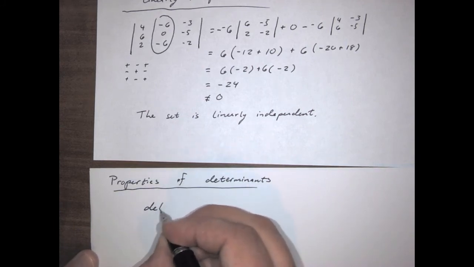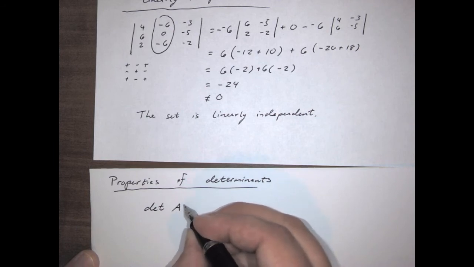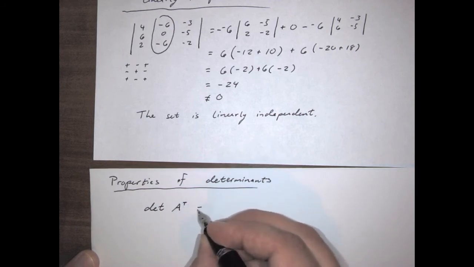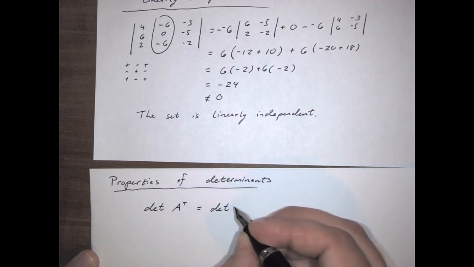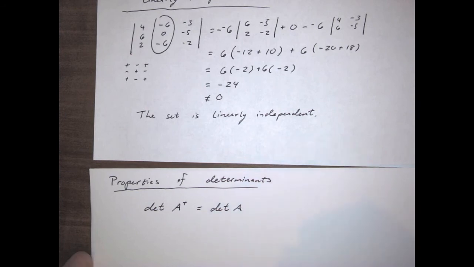The determinant of A transpose is equal to the determinant of the original matrix. So if you're ever talking about a matrix which itself is maybe not triangular in any important way, but its transpose is, then you can use that to make your life easier, and the result will be unchanged.